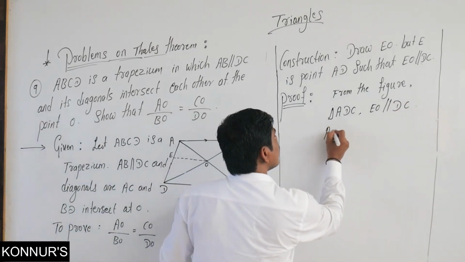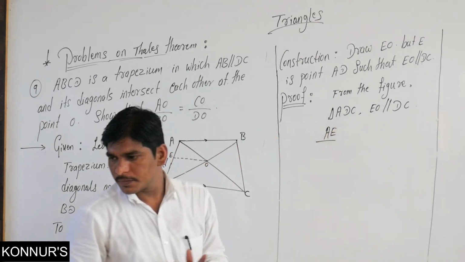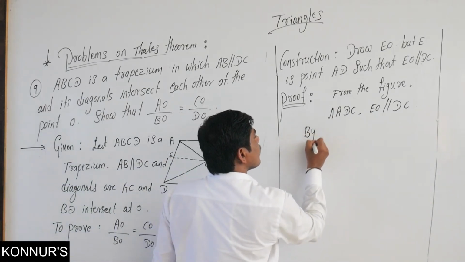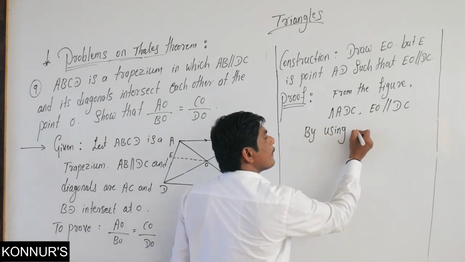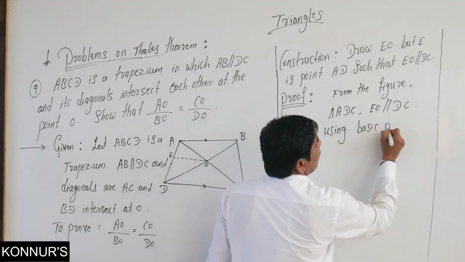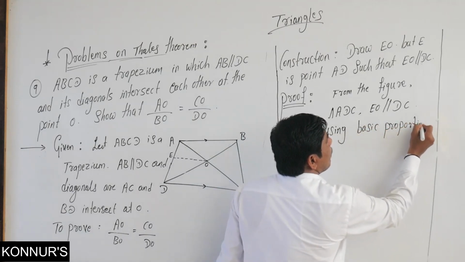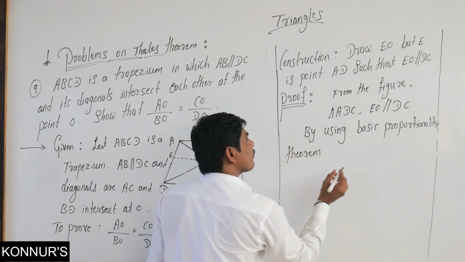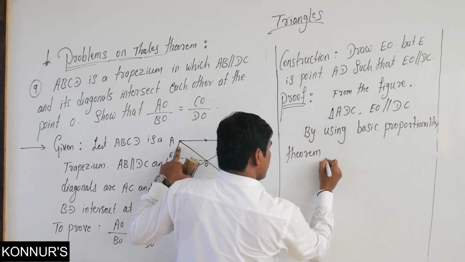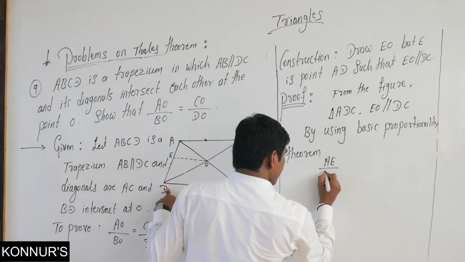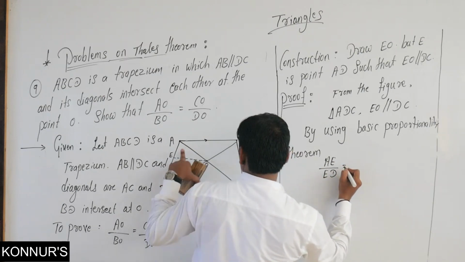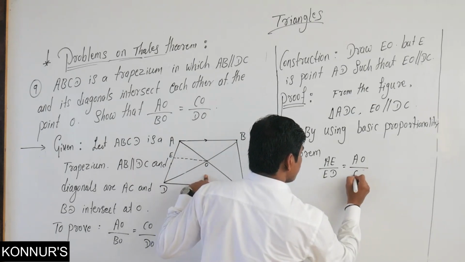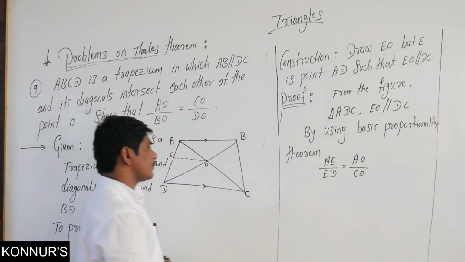Now, by using the basic proportionality theorem, AE by ED, or DE, is equal to AO by CO. This is equation number 1.